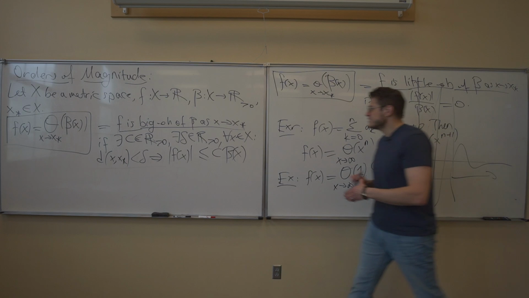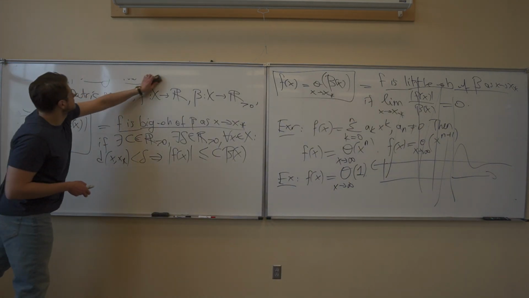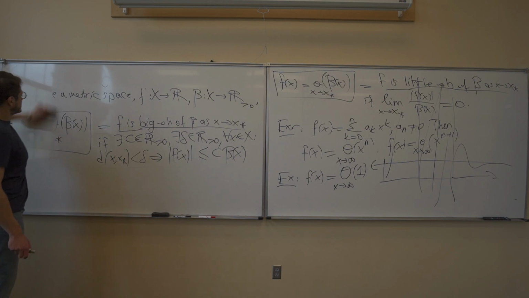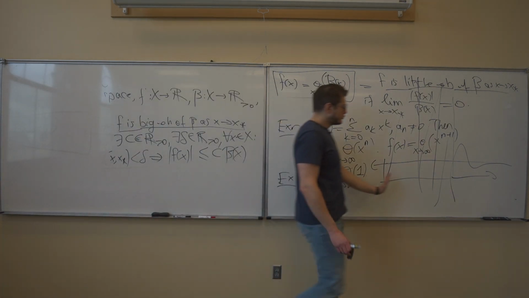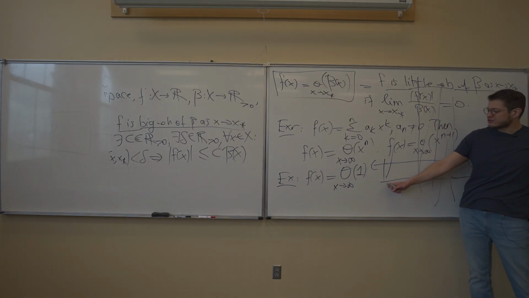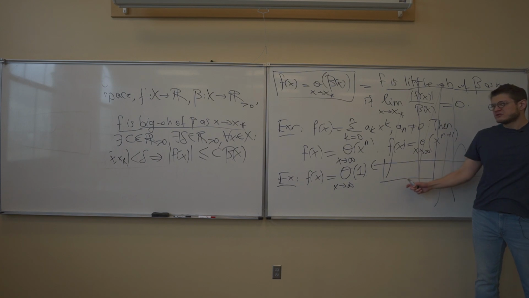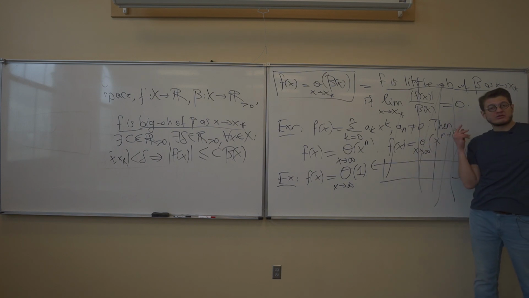Let's look at the little o of 1. Let's say you're looking at an algorithm, but maybe it doesn't perform that well for the first n equals 15, let's say. There are better algorithms, perhaps.